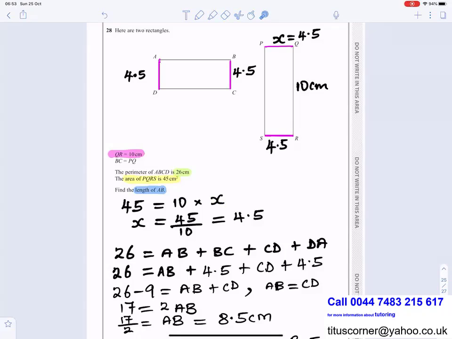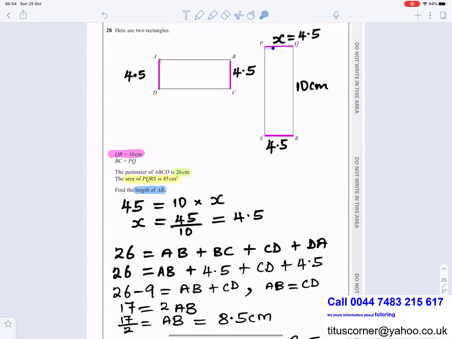We didn't know it before. So what do you multiply by 10 to get 45? It's 45 divided by 10. That gives you 4.5. So 4.5 is this width there. 4.5 is the same there.